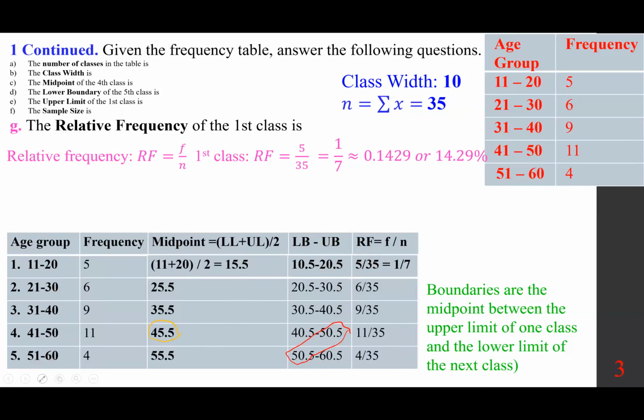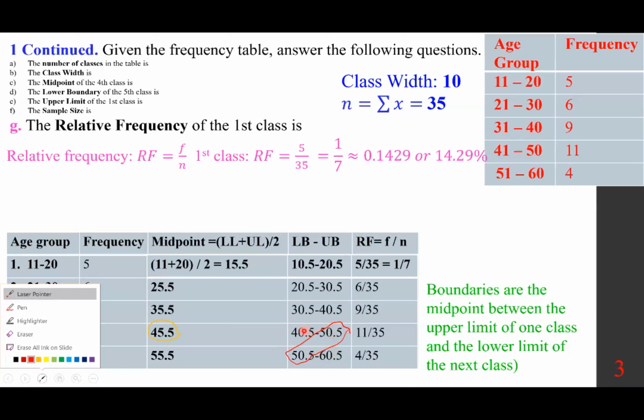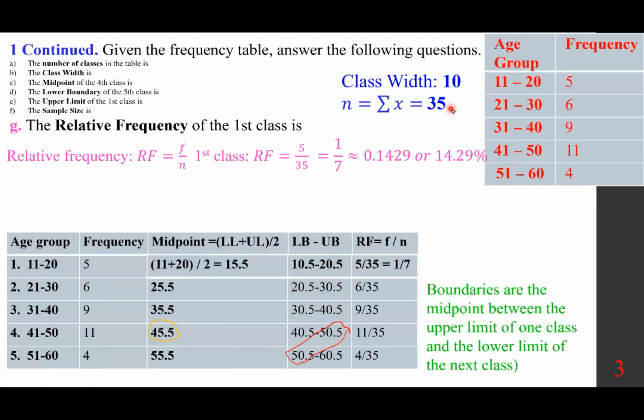See how easy you can find the answer. So you add 10 and it becomes 60.5. You subtract 10 and it becomes 40.5. You subtract 10 and it becomes 30.5. You subtract 10 and it becomes 20.5, and you subtract. So if you find this one, just keep on adding the width. This is a fast way to find all of them.